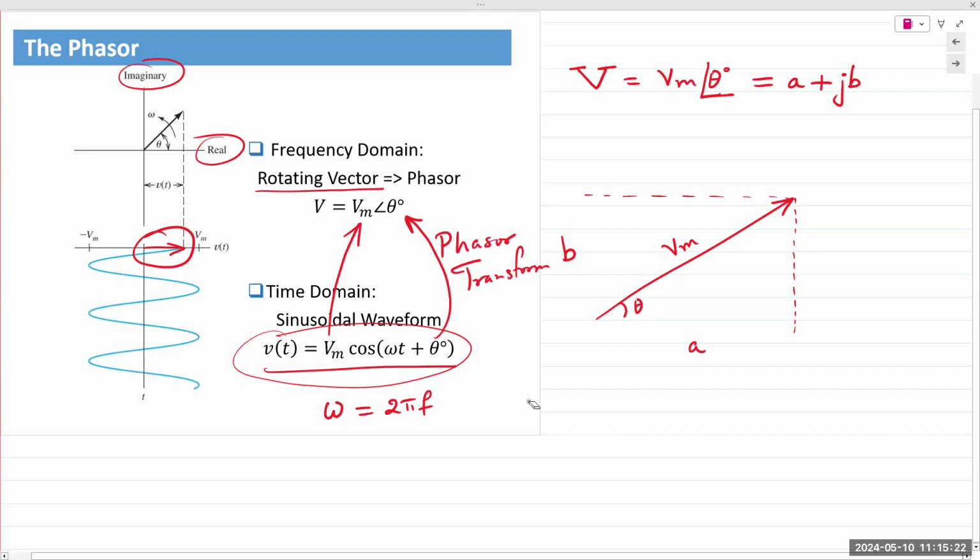This is the reason why we keep the phase in degrees and not in radians, because we want to describe it as a vector. So the phasor for V is Vm with an angle of theta. The phasor for current I would be Im, or I peak, with an angle of theta. So voltages and currents are represented using complex numbers.